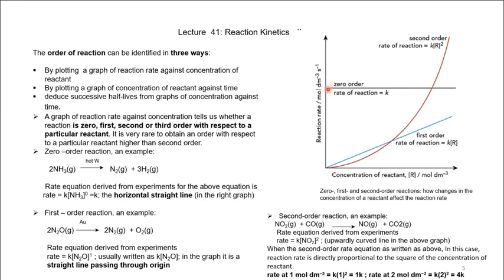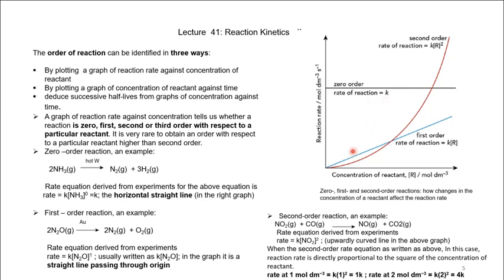We showed it here, you see: concentration of reactant and reaction rate in mole per cubic decimeter per second. We plot it, and if we get a straight line, we call this the zero order reaction, where the rate of reaction is equal to the rate constant.